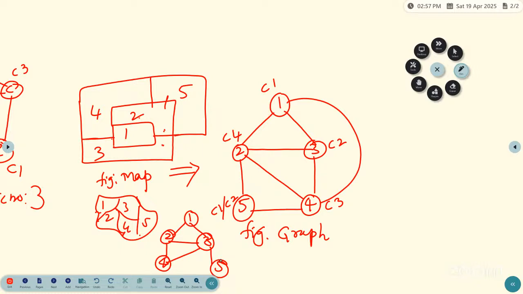Next with respect to 4, 4 to 3, 4 to 5. Listen. With respect to 5, 5 is connected to 3 and 4. Now it is a graph.